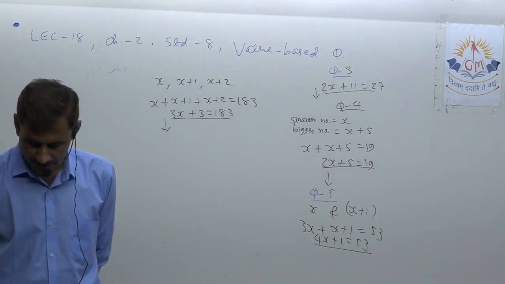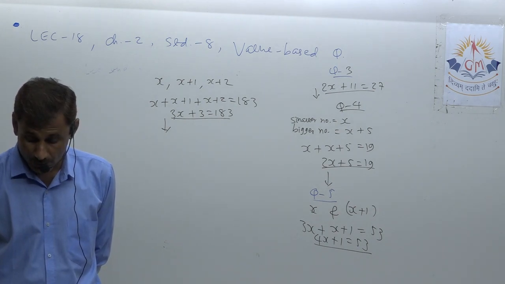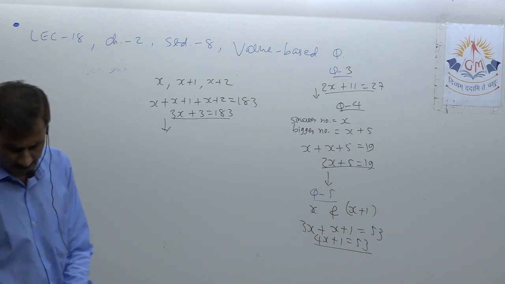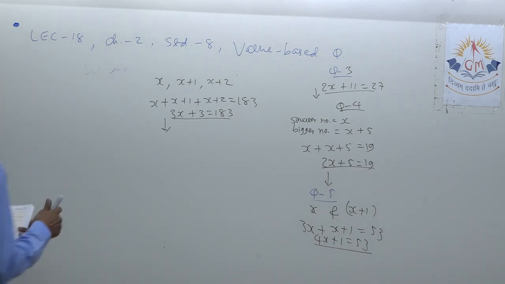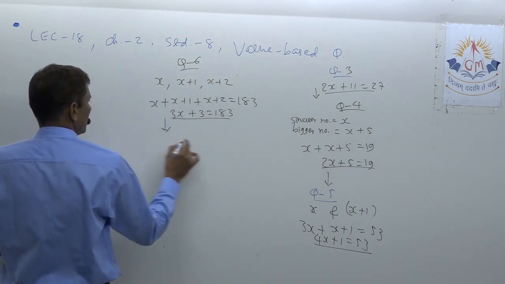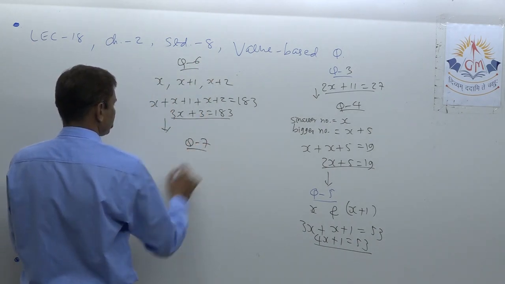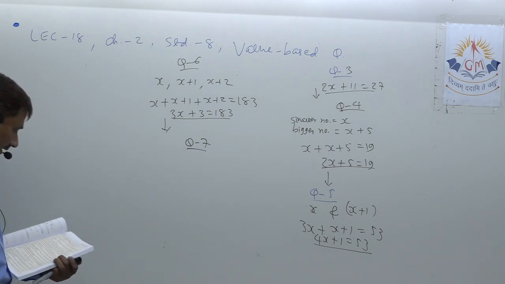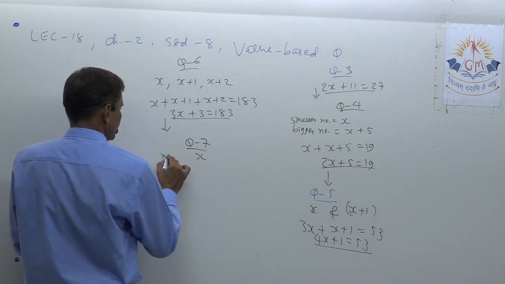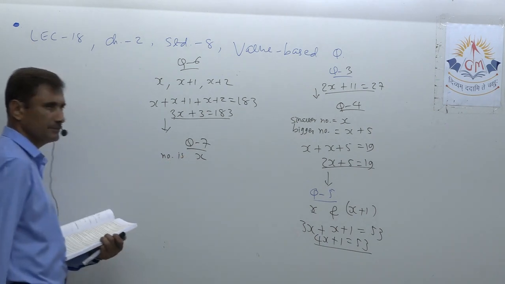Find a number such that when it is added to 2/3 of itself, the result is 70. So again, suppose that number be x. Okay, it was 6. Now 7. Find a number, so that number be supposed x. The number is x, it is supposed.